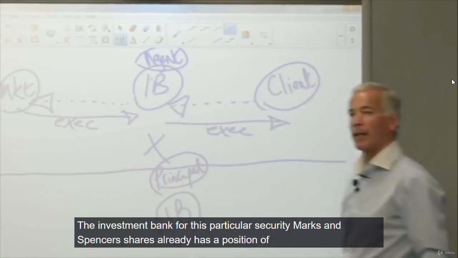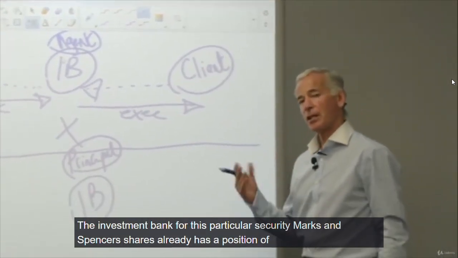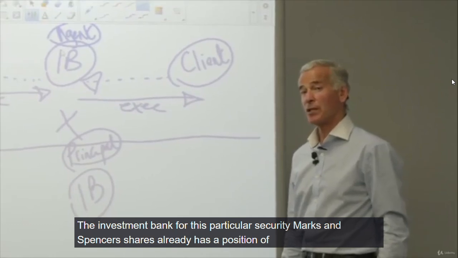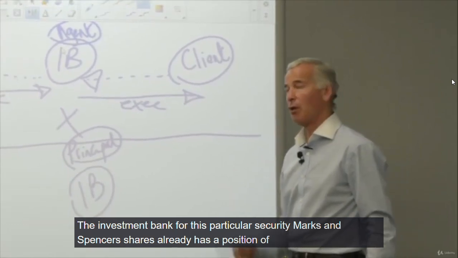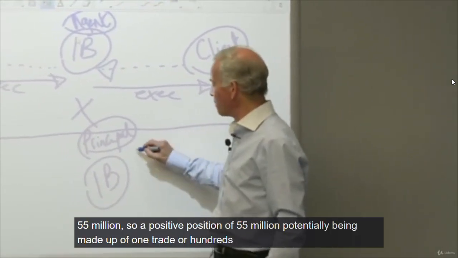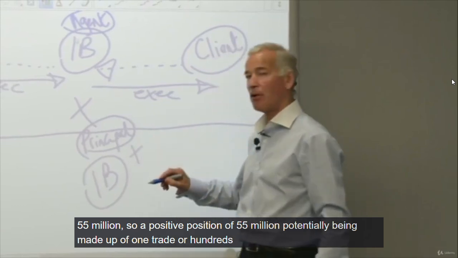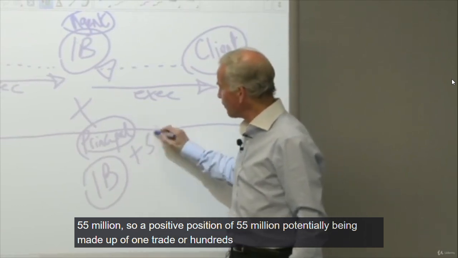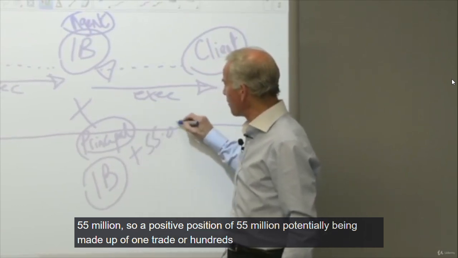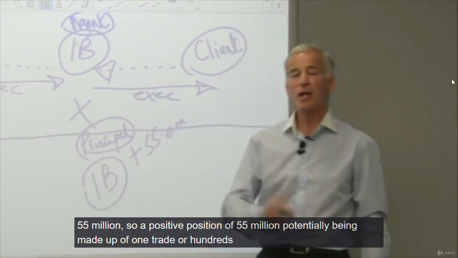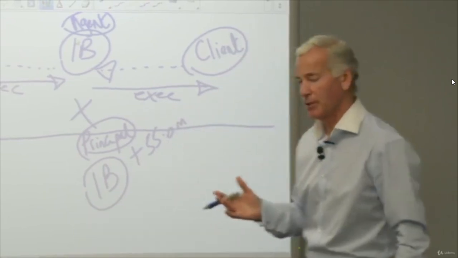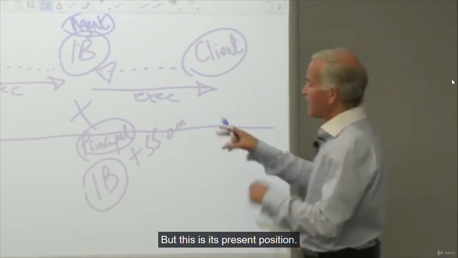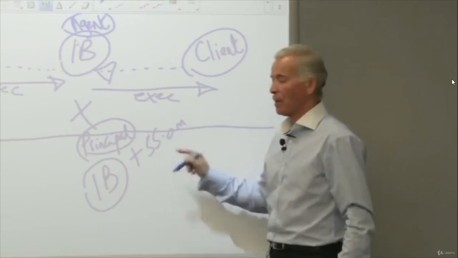The investment bank, for this particular security, Marks and Spencer shares, already has a position of 55 million. So a positive position of 55 million, potentially being made up of one trade or hundreds of trades. But this is its present position.